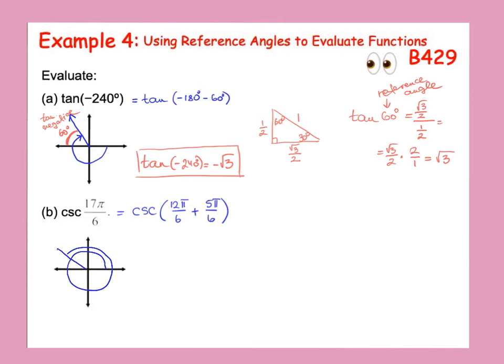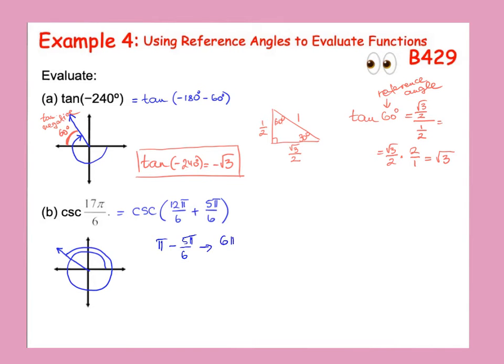So my terminal side of the angle is going to end right here. So that means my reference angle is going to be pi minus 5 pi over 6.